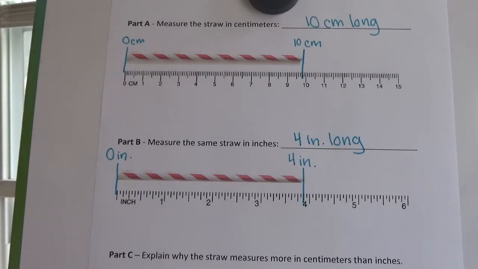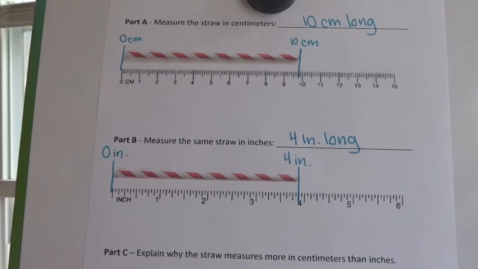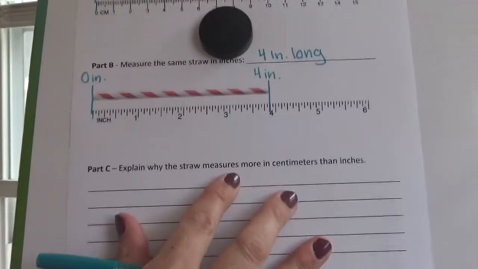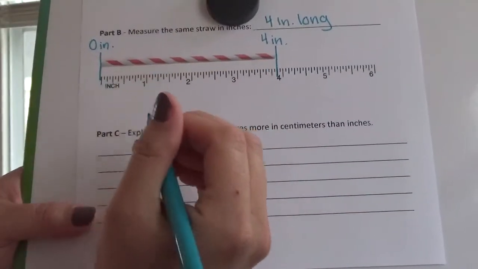Well, that's true here too, except centimeters are smaller than inches. So because centimeters are a smaller unit, you need more of them, or more centimeters than inches, to measure the same object. So that's what I would be writing here in my explanation.